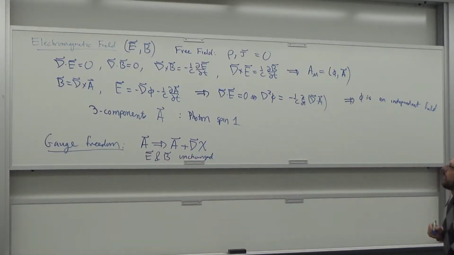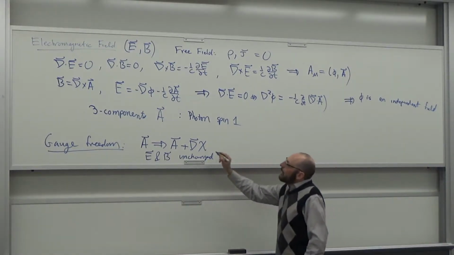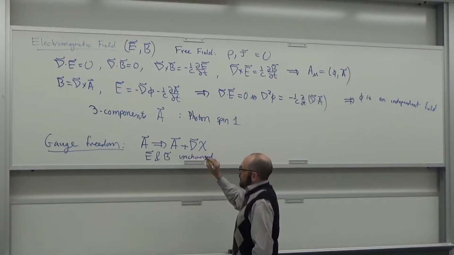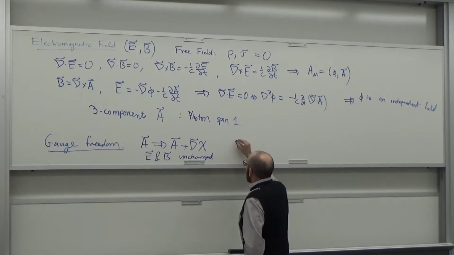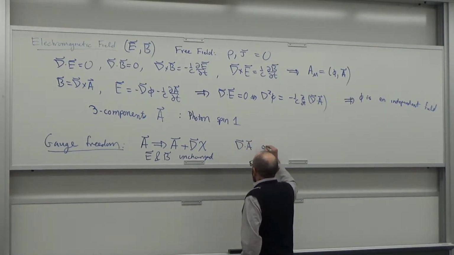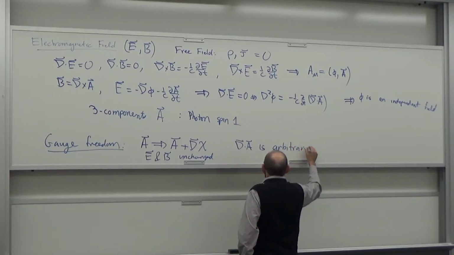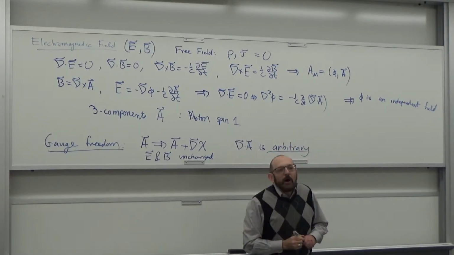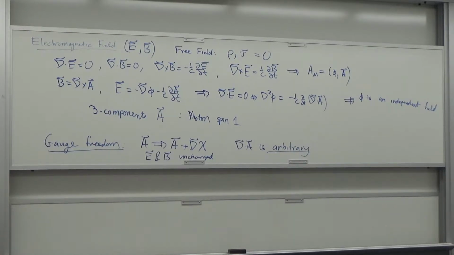Thus I can change the divergence of A in any way I like. I can choose it to be anything I want, and I won't change the theory. The curl of A matters.